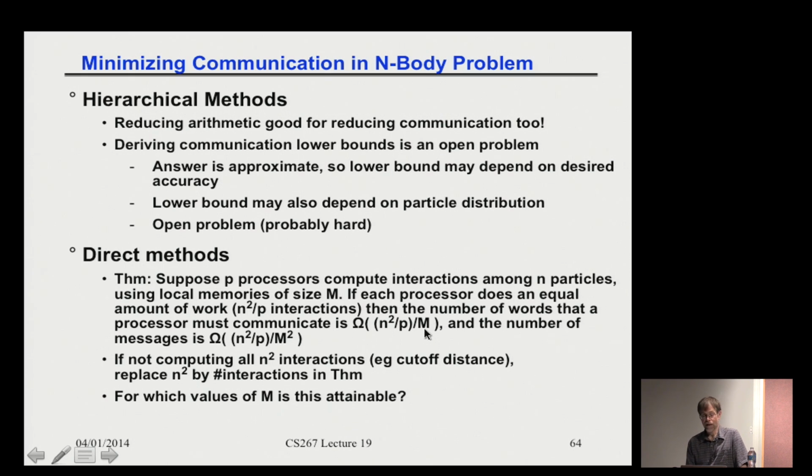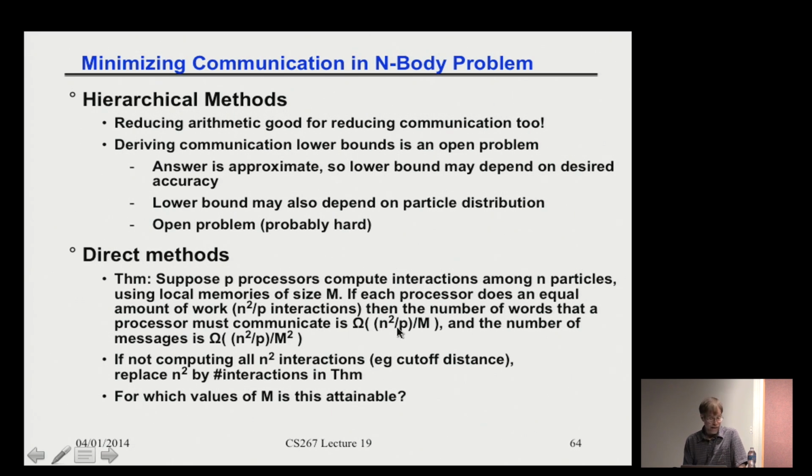And the denominator was not M, it was M to the 1/2. But it was M to some power. That's not an accident. We'll see that in a moment. And so that is going to be our goal. And what about the number of messages? The fewest number of messages I could send is to send all this data packed into messages that are as large as possible. How big can a message be? The whole memory. So in other words, this is just a factor of M smaller than that.